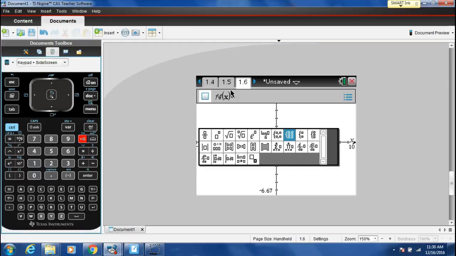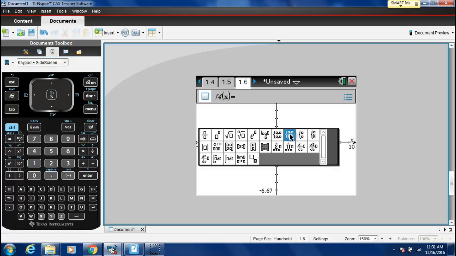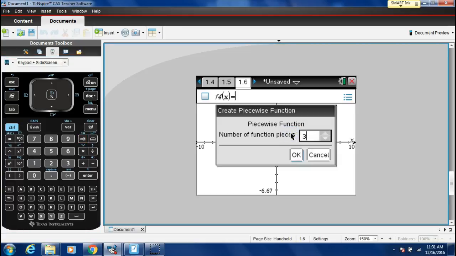That button opens up a shortcut to all of them. And the piecewise function is this one. It allows you to pick how many pieces you want in your function. So that's the one that we're going to do. We want 3 pieces. Okay?